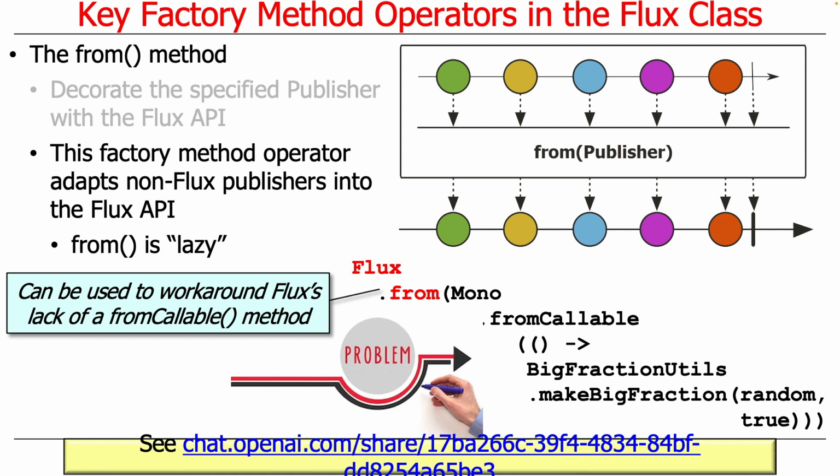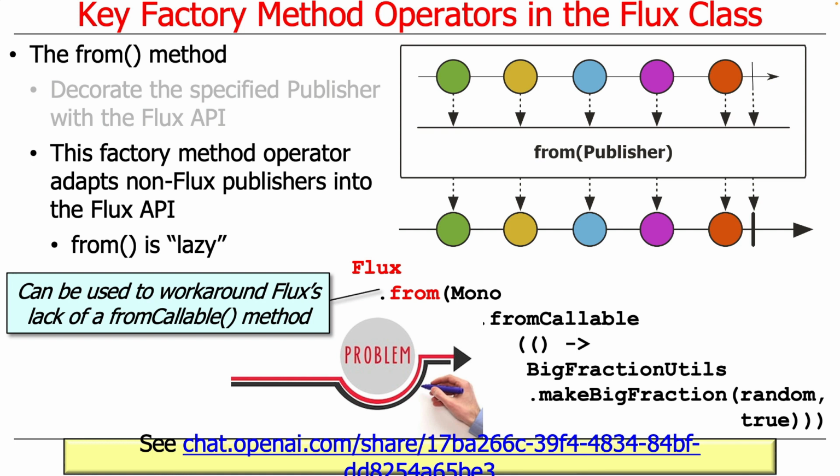This from feature can be used to work around the fact that Flux lacks a fromCallable method. RxJava has a fromCallable method on an observable or a flowable that works in this dynamically bound runtime enabled versus assembly time enabled fashion. For some reason, Flux doesn't have that, and this is a way to work around that absence.